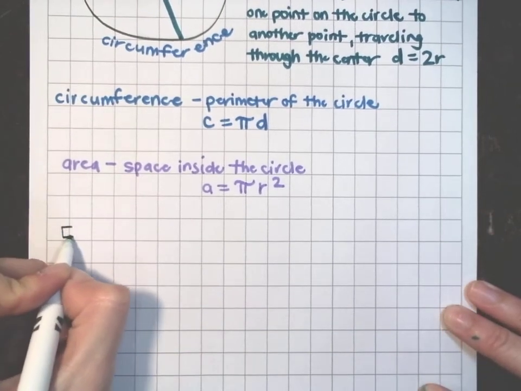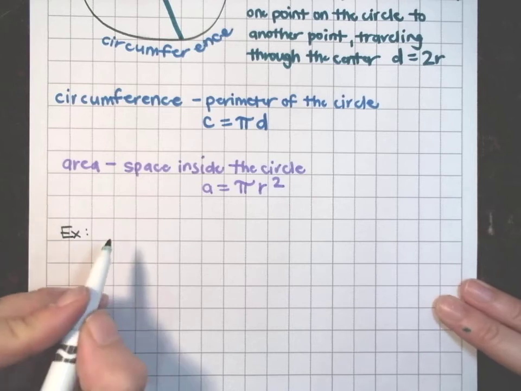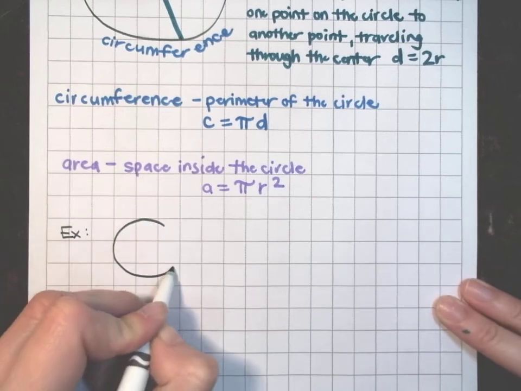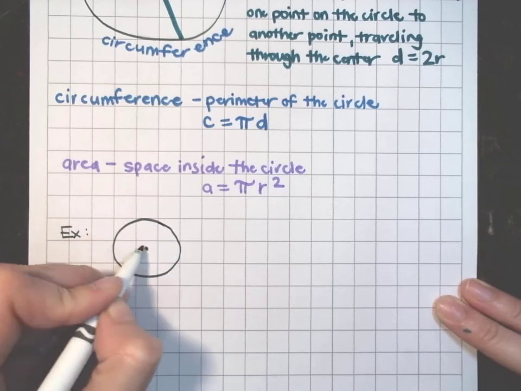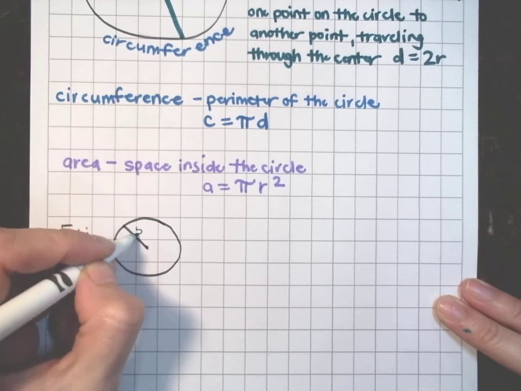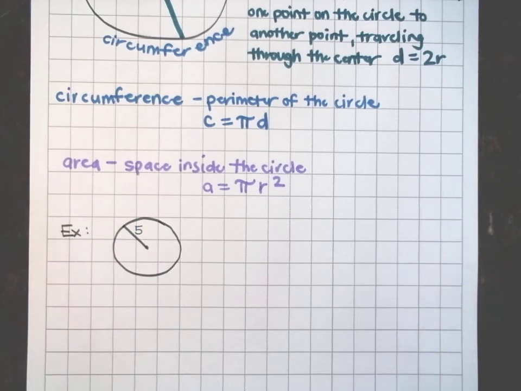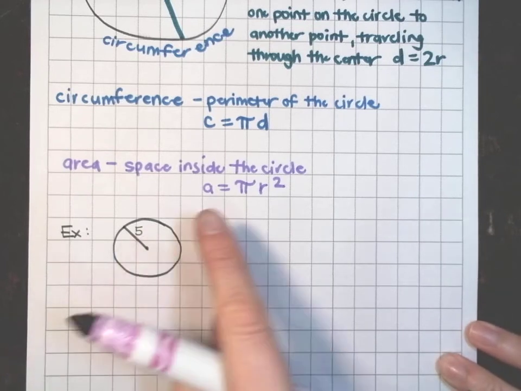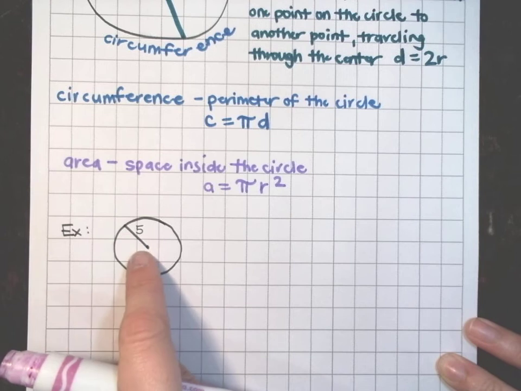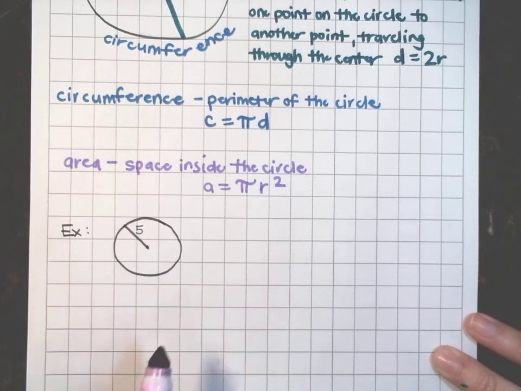All right, let's do an example. Okay, so we were given the radius, right? The distance from the center to the edge of the circle.